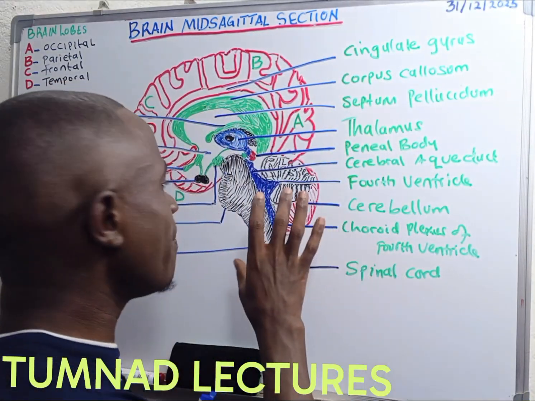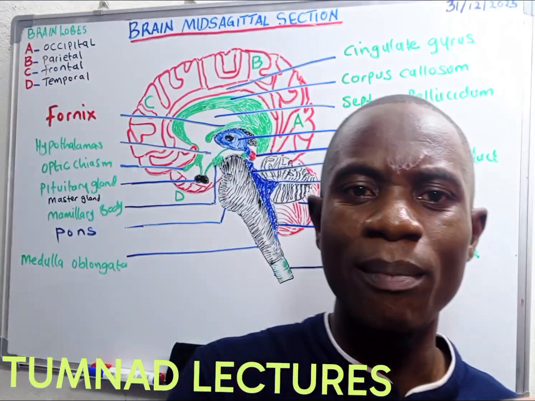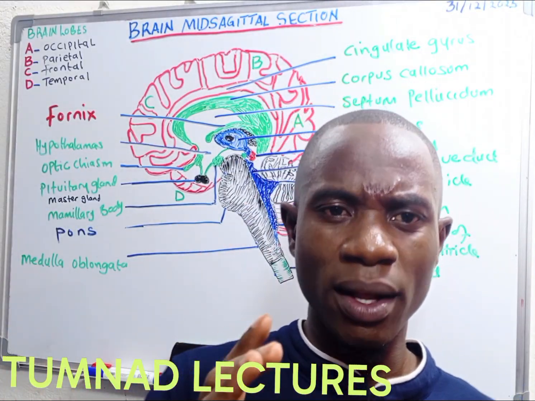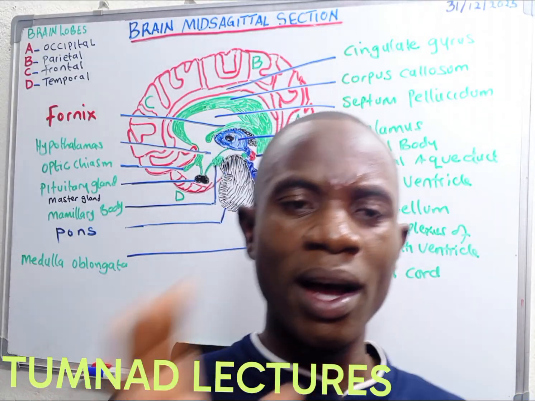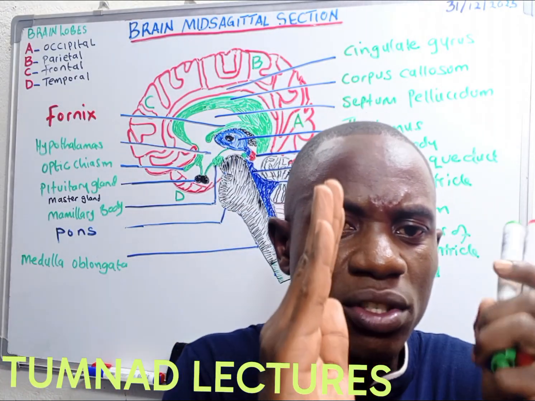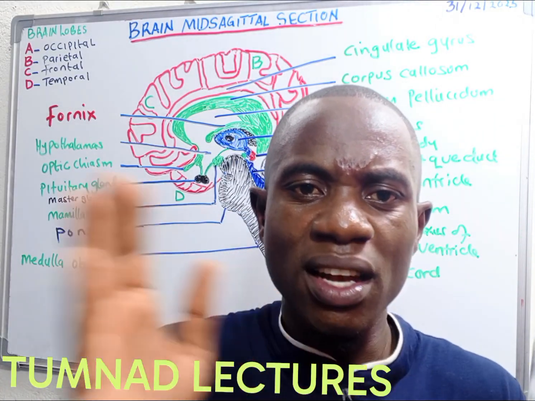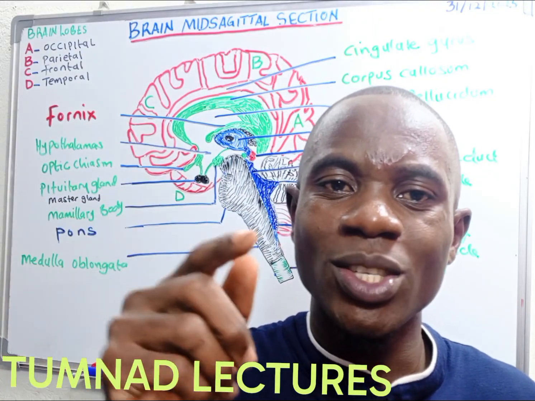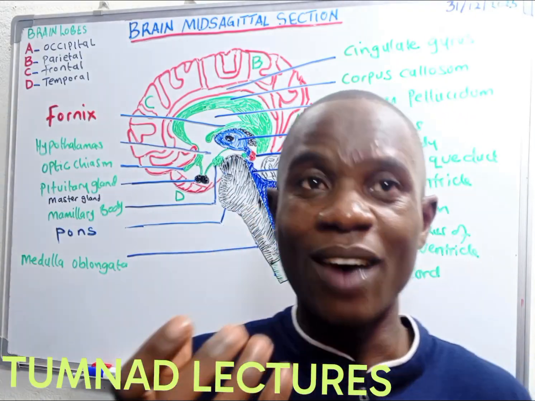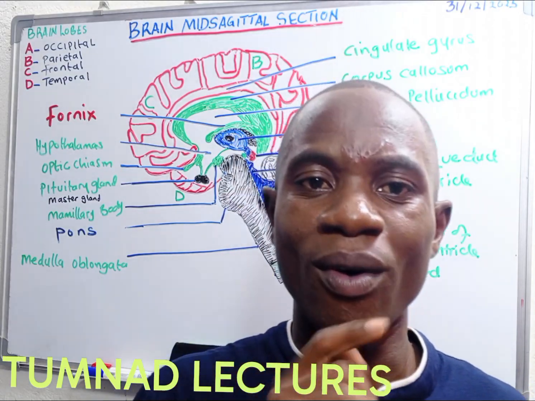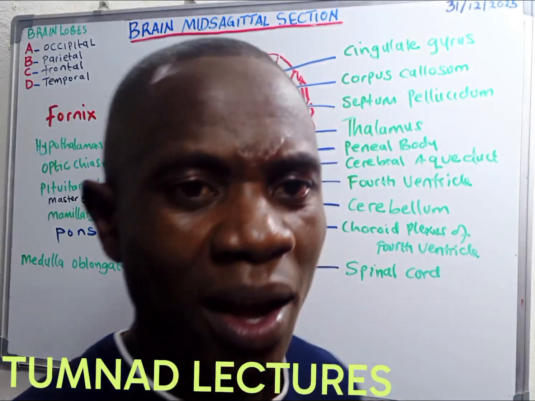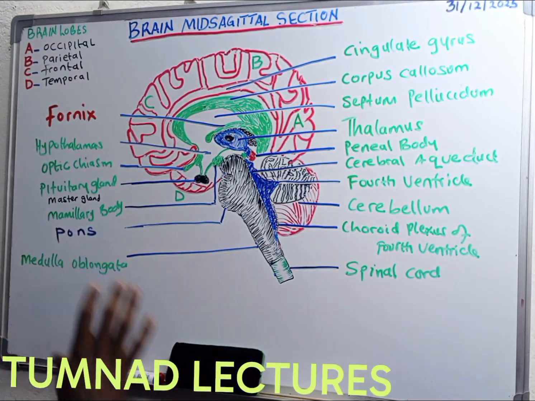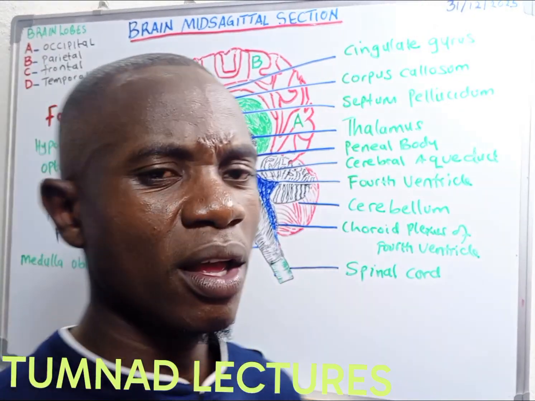In between the pyramid and the olive, there is that junction where cranial nerve number 12 comes out, the hypoglossal nerve, which supplies the muscles of the tongue. It regulates tongue movement. So the medulla oblongata is also super important.